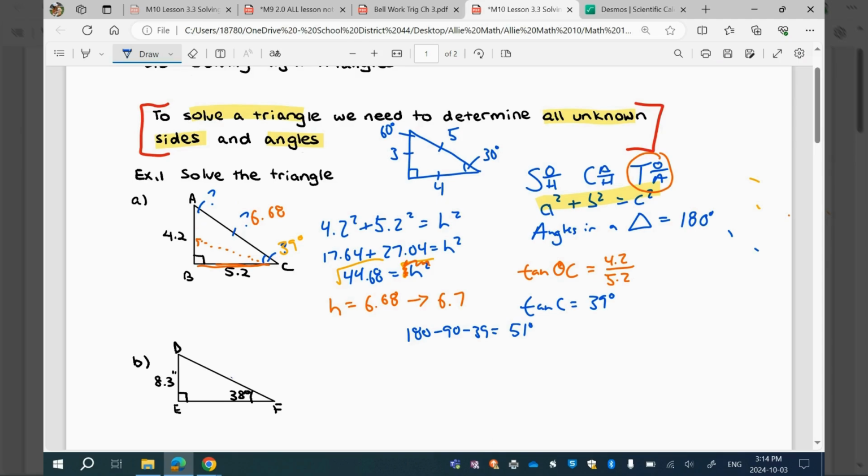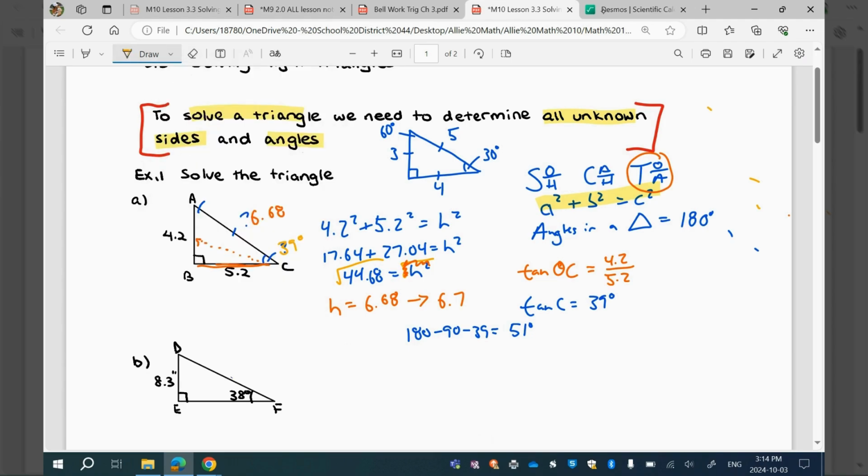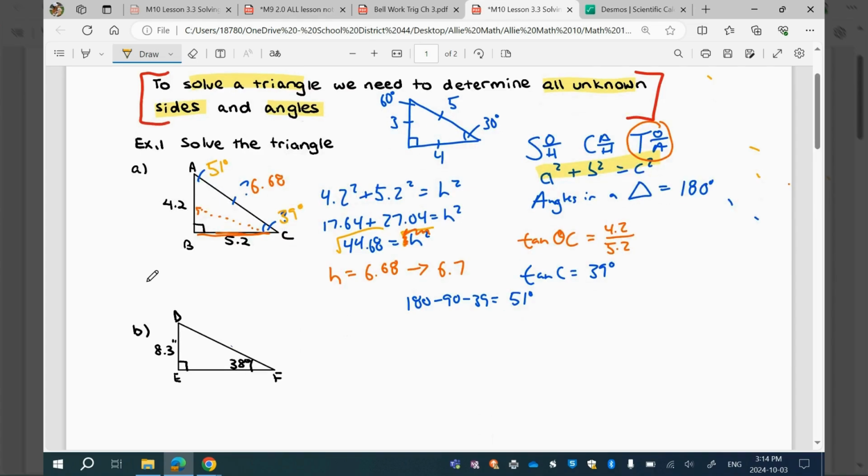And that's our final piece of information. I'm reluctant to erase because I erased some other information and it tends to pop back up when I press the erase. So there you go. We have all of the angles. They're 90, 51, and 39. We have all of the side lengths, 4.2, 5.2, and 6.7, let's say. So that is considered a solved triangle.